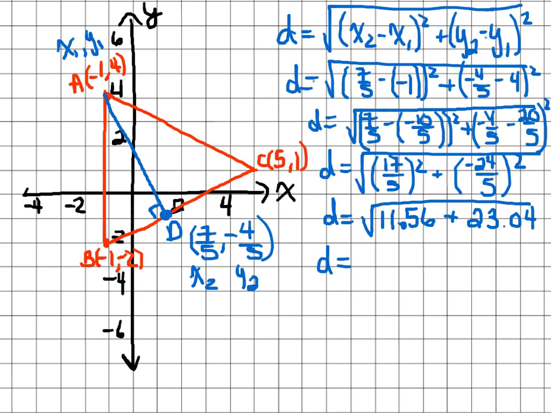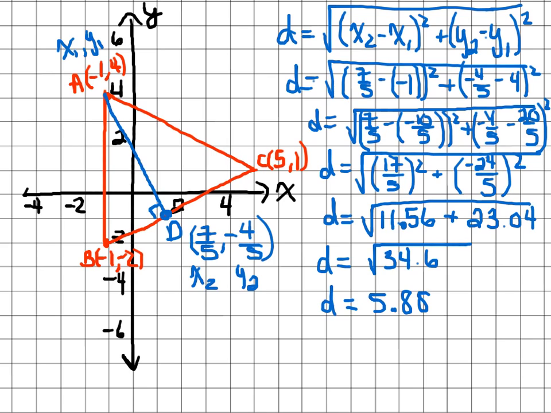So my distance is the square root of, I'm going to add those two numbers, 34.6. I will take the square root of that, and I have 5.88. So I'm rounding that to 2 decimal places.